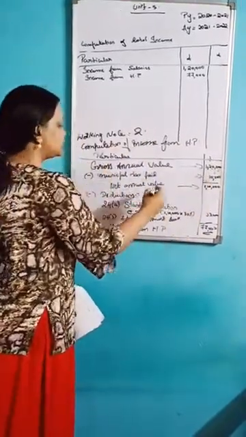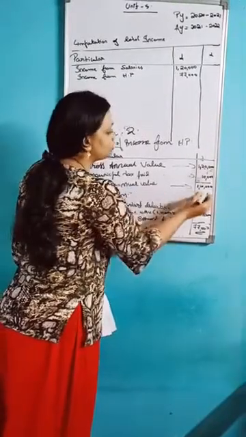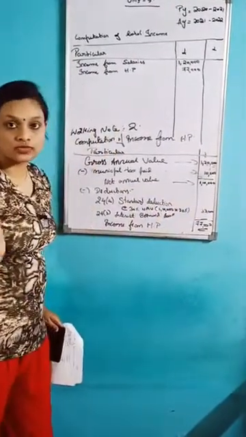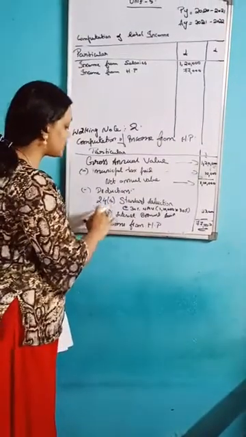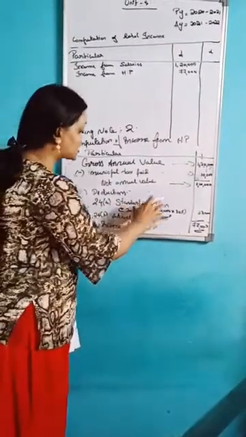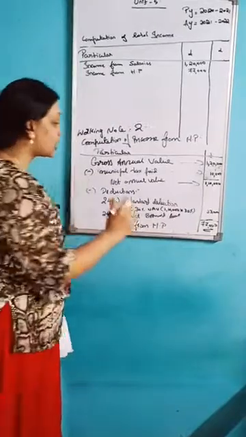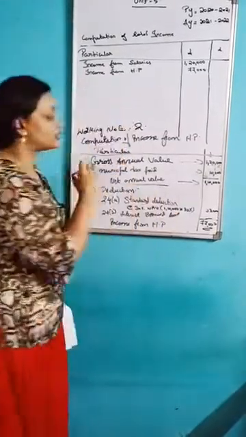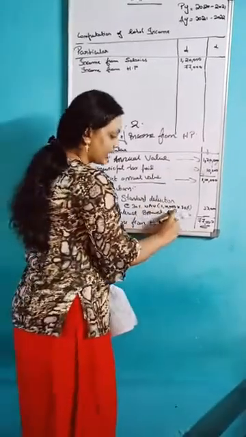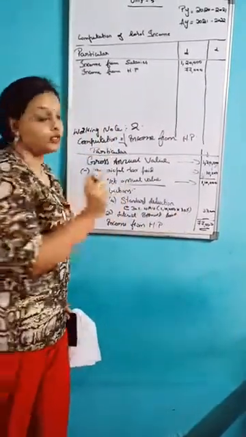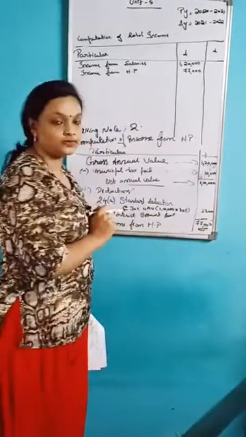You minus it, you will get net annual value, that is 1,10,000. Next, deductions. The format is 24 subsection A, standard deduction, at 30% of NAV. Whatever value you get, multiply that by 30%. So 1,10,000 into 30%, you will get 33,000.